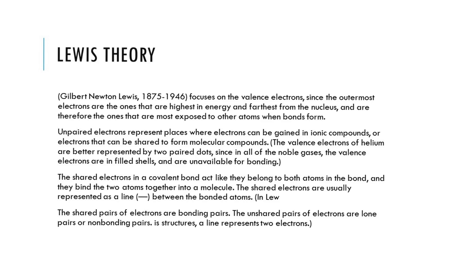The shared electrons are usually represented by a line between the bonded atoms. The unshared pairs of electrons are lone pairs or non-bonding pairs.